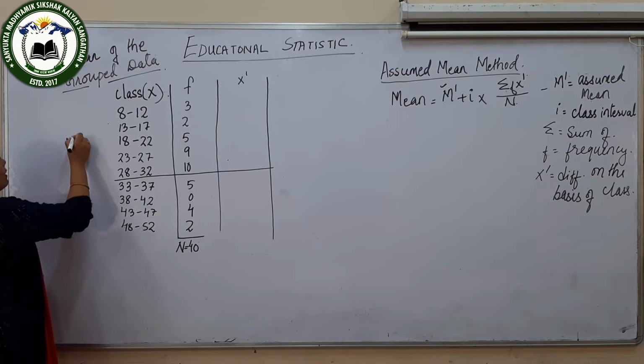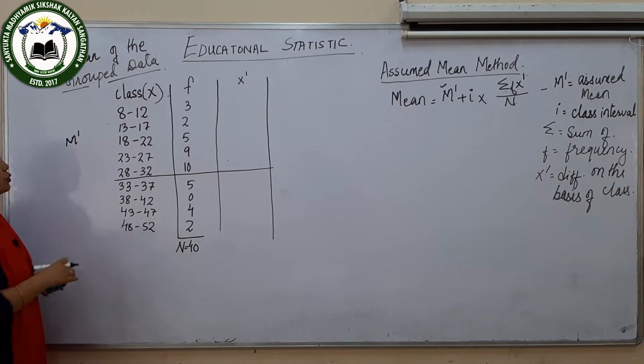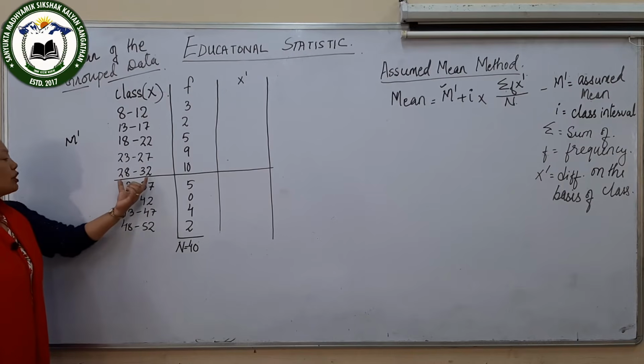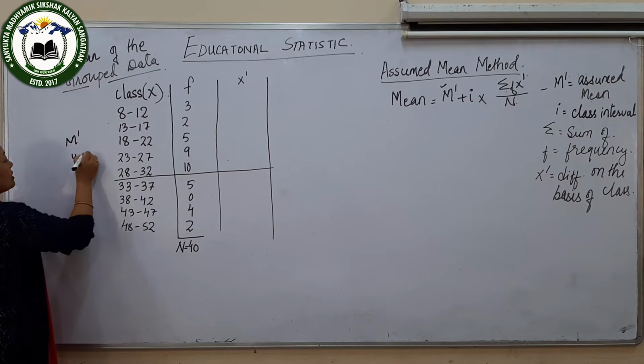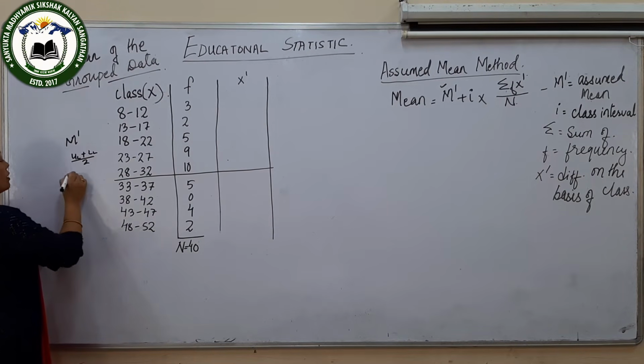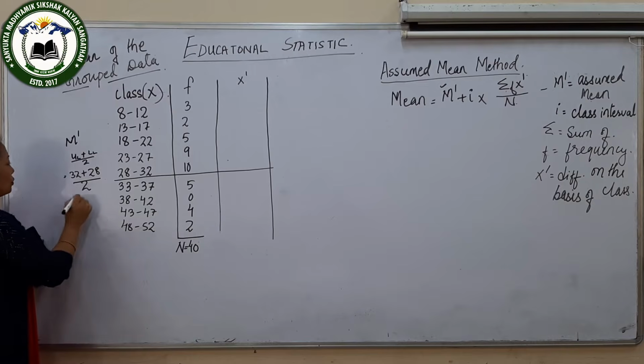Now, I will take out the midpoint of these numbers. So, for m dash, what I do, I will find out the midpoint of this class, that is upper limit plus lower limit divided by 2, simply. So, 32 plus 28, and this has to be divided by 2.